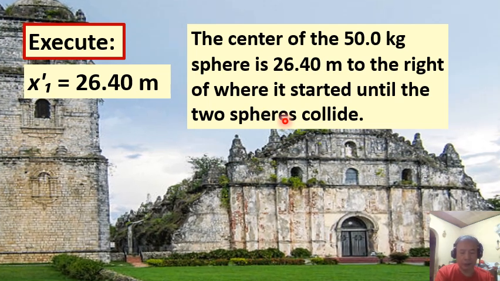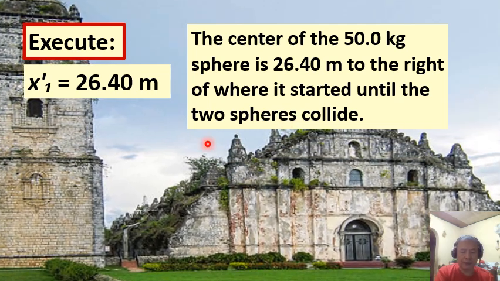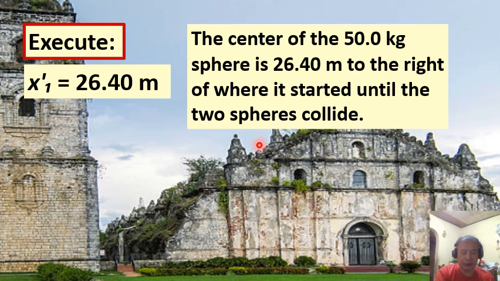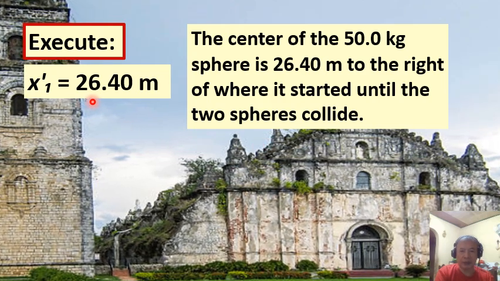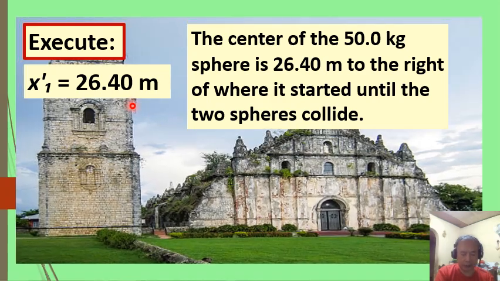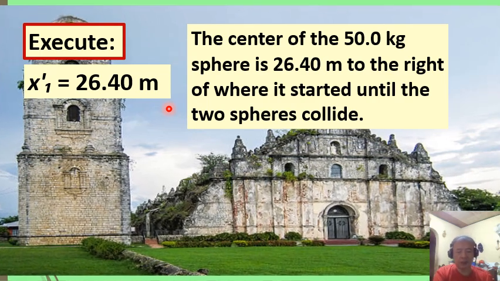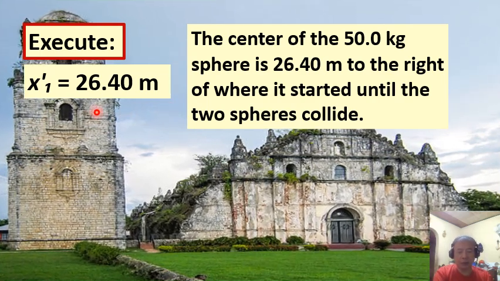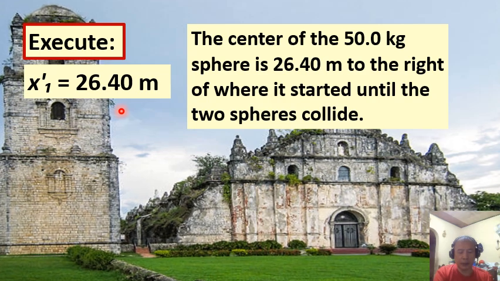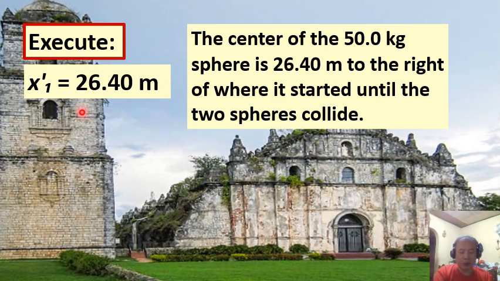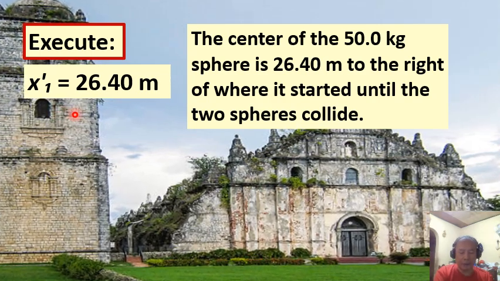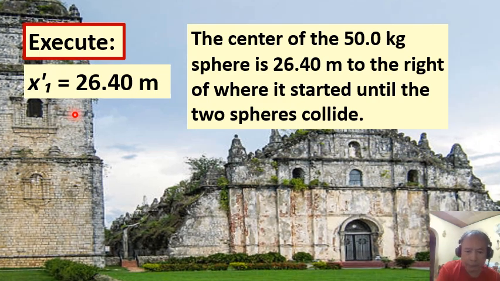But our final answer in part C is not 26.4 meters. In fact, it is the sum of 26.4 meters and the radius of sphere number 1.